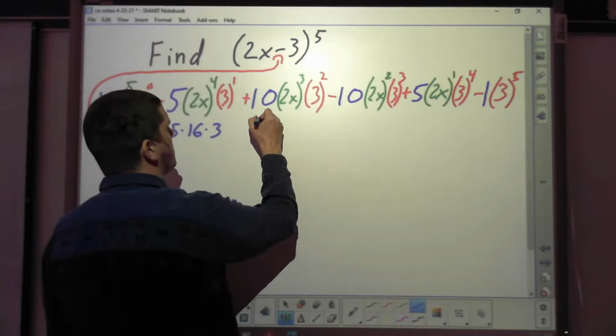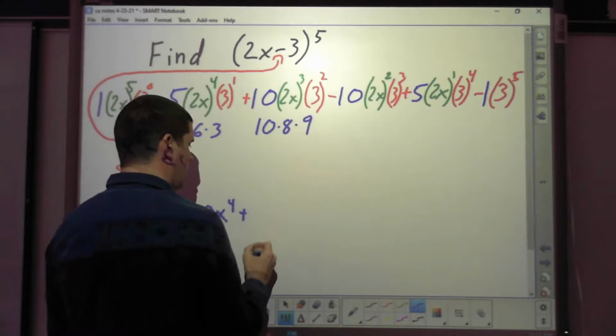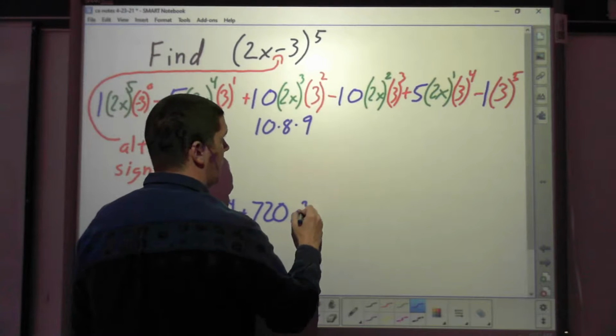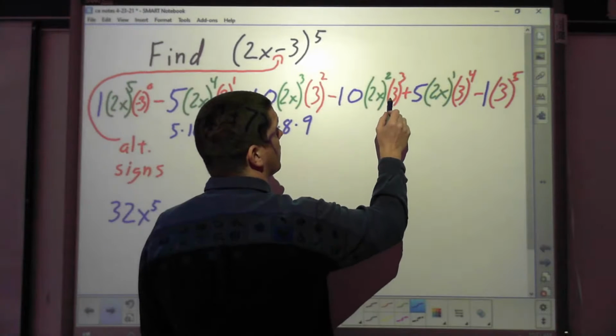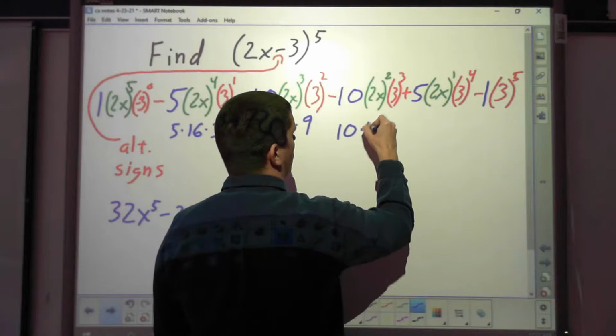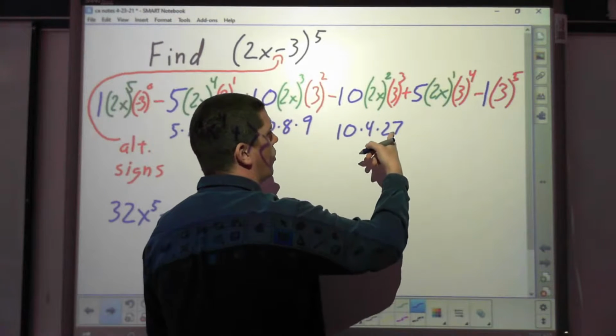Plus, this is going to be 10 times 8 times 9. So 720 x to the 3rd minus, and then that's going to be 10 times 4 times 27. So that's 108.